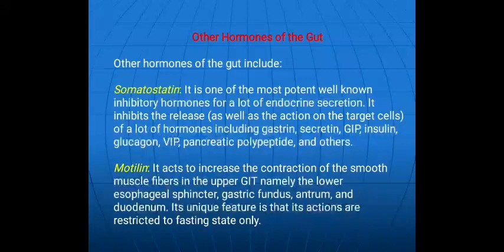In the upper GIT, namely the lower esophageal sphincter, gastric fundus, antrum and duodenum, its unique feature, a characteristic exclusive to it, is that its actions are restricted to the fasting state only. So it works only when we are in the fasting state.